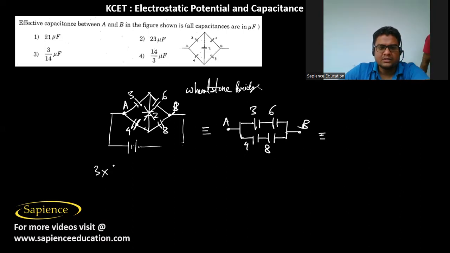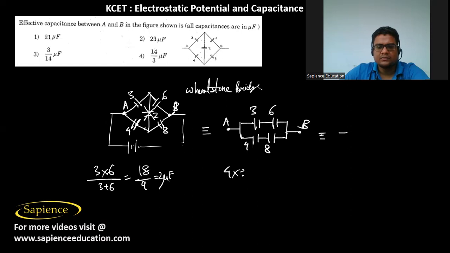Now the equivalent capacitance of 3 and 6 in series will be 3 into 6 by 3 plus 6, that is 18 by 9, that is 2 microfarad. The equivalent capacitance of 4 and 8 will be 4 into 8 by 4 plus 8, that is 32 by 12, that is 8 by 3.